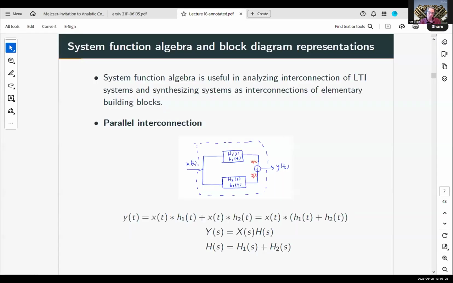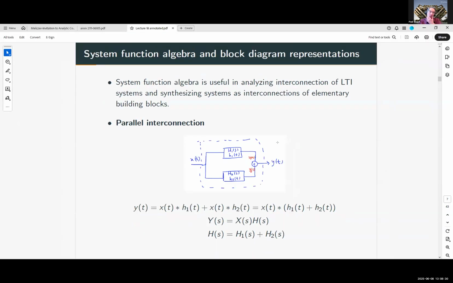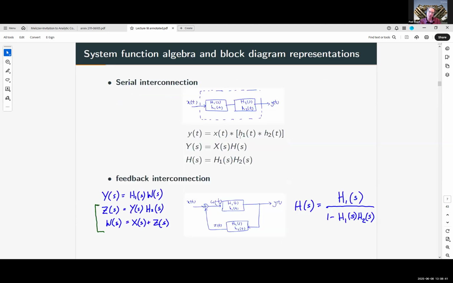If you look at lecture 18, there's a discussion and a derivation of the different types of concatenations and how you can characterize their overall transfer function based on the component systems. So there's the parallel concatenation, the serial concatenation, and the feedback interconnection.